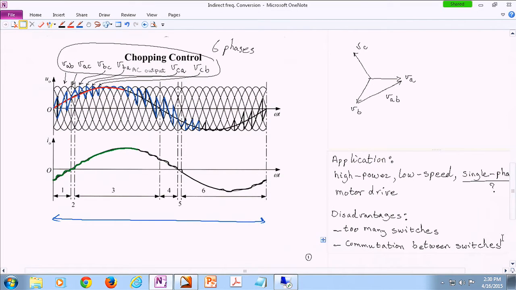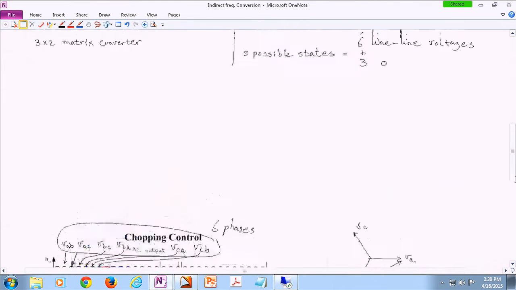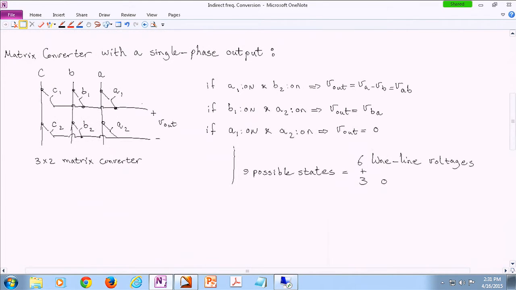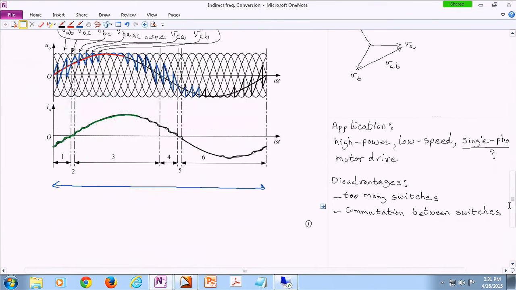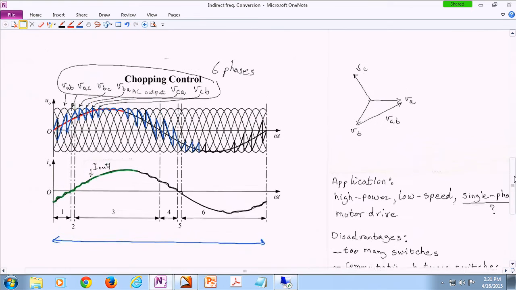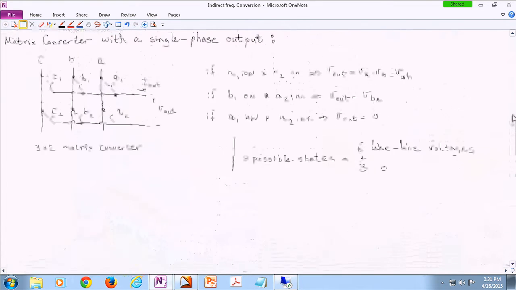For this particular example, let's call this I out. As we can see, I out is supposed to be continuous. But at the same time, for instance, initially we were following VAB, then we got to follow VAC.